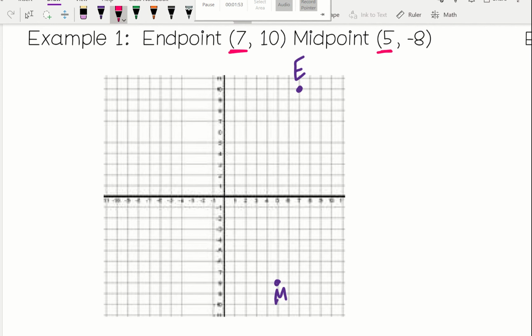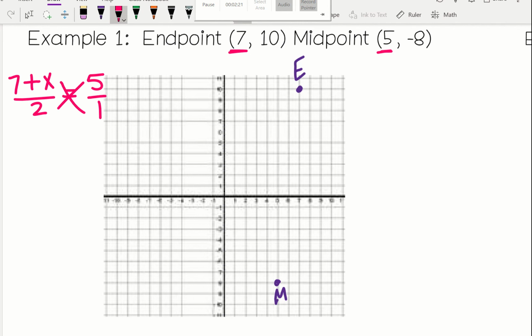And I would plug it in as 7, because that's the endpoint, plus I don't know the other x coordinate, so plus x, divided by 2 equals the midpoint x coordinate, which is 5 over 1. Remember, I can put it over 1 because that's not changing the right side at all, but it makes it where now I can actually cross multiply.